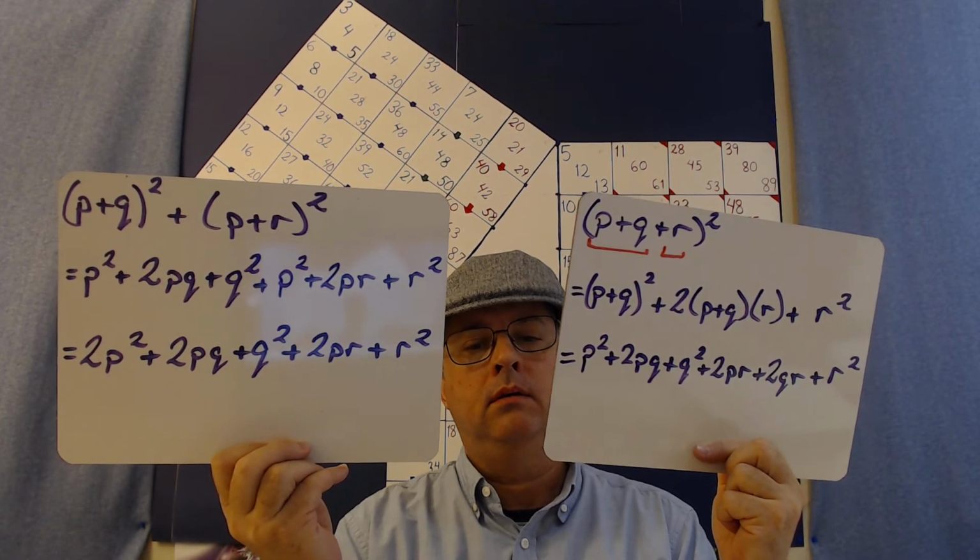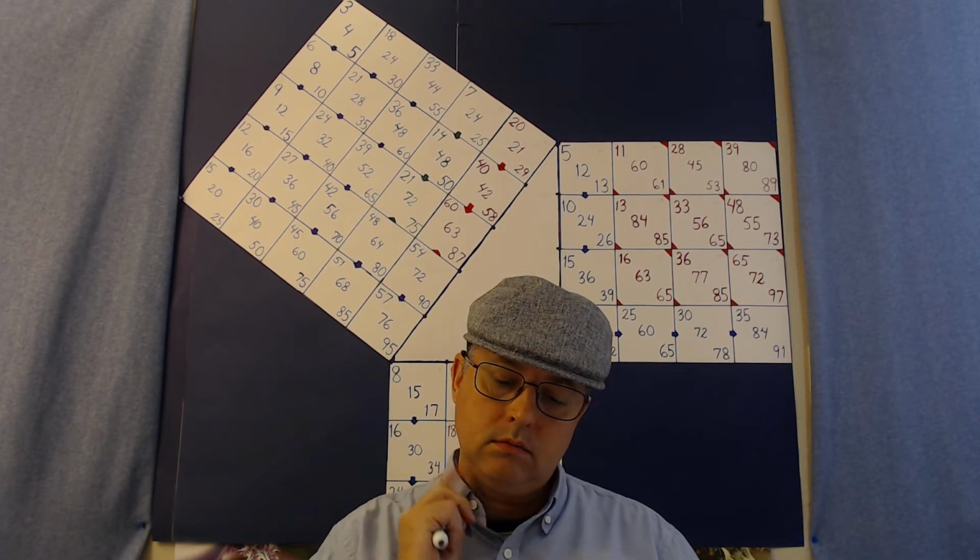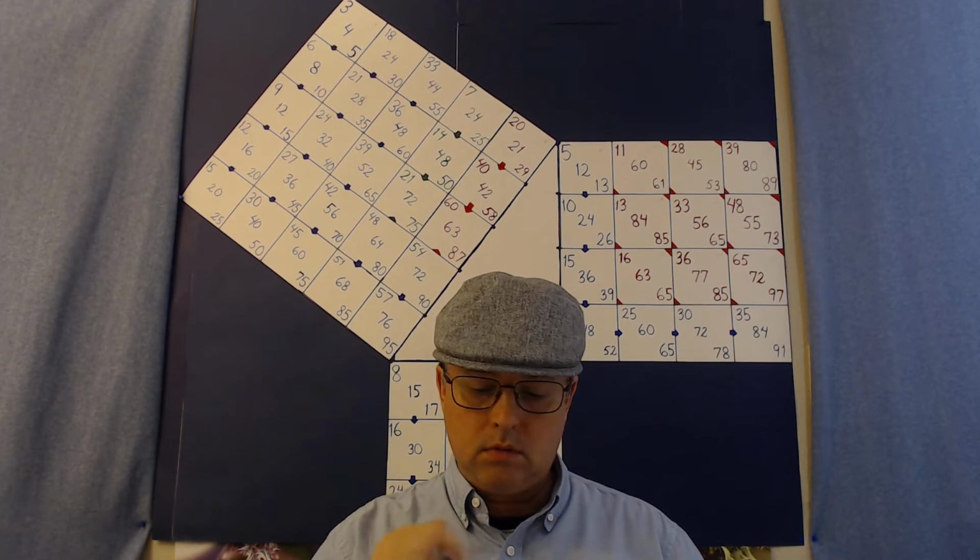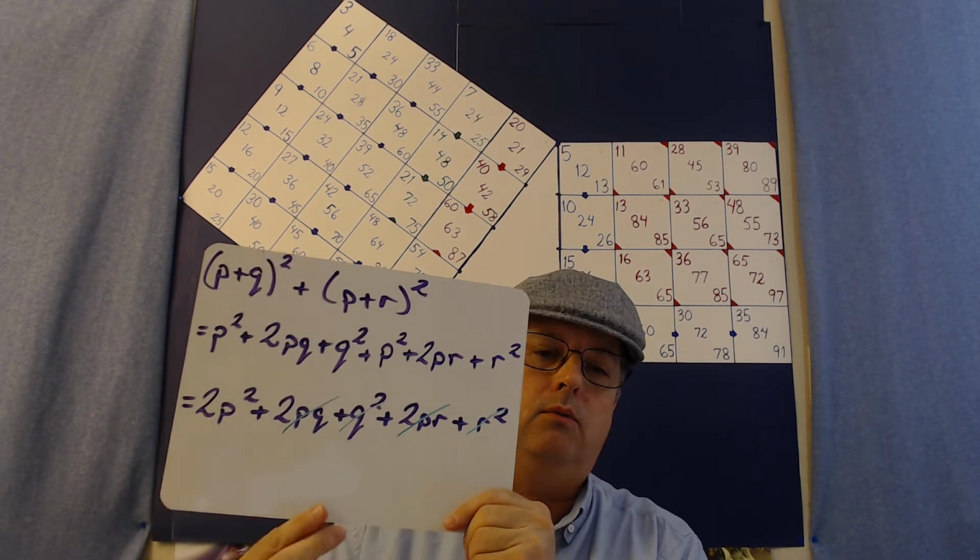And, well, let's see. So, if we cancel out these terms here, 2pr and 2pr and 2pq and 2pq and the q squared and the q squared, maybe that 2p squared there is what was throwing us off here.